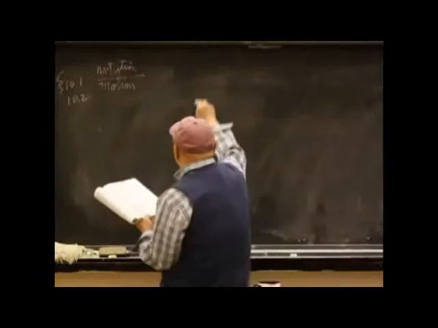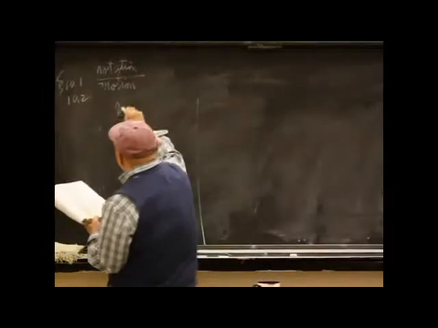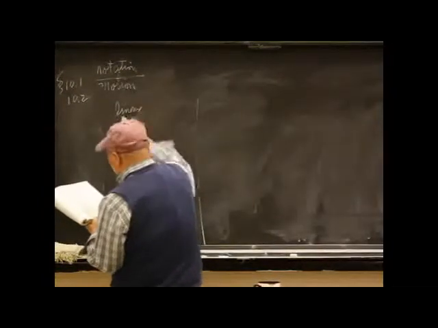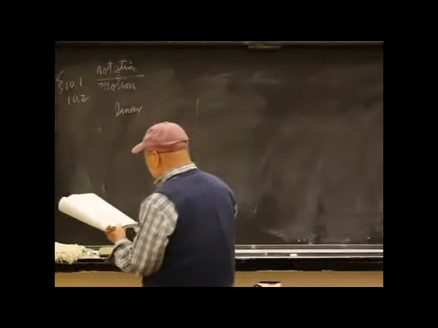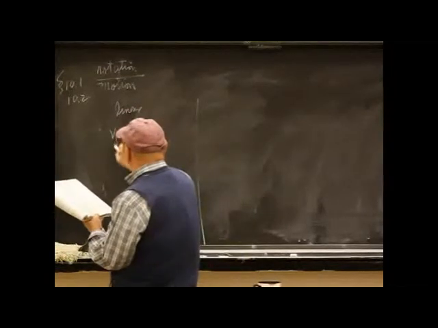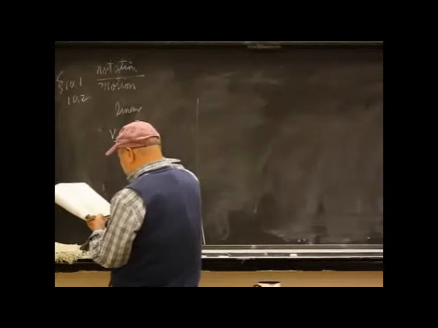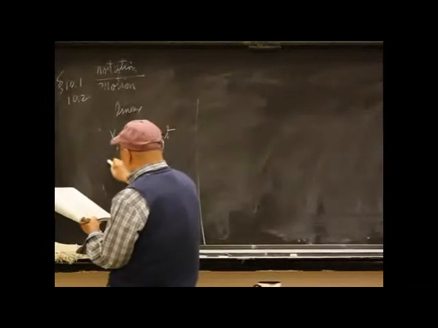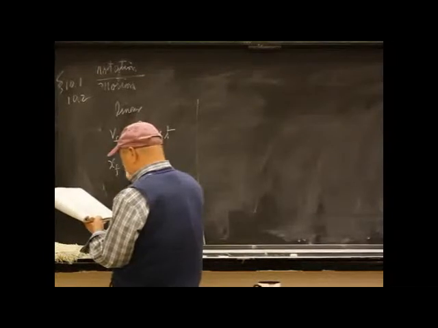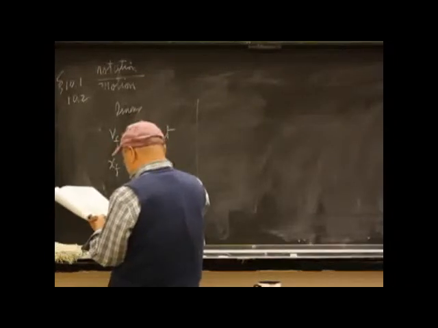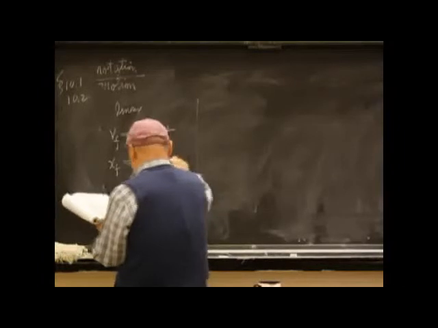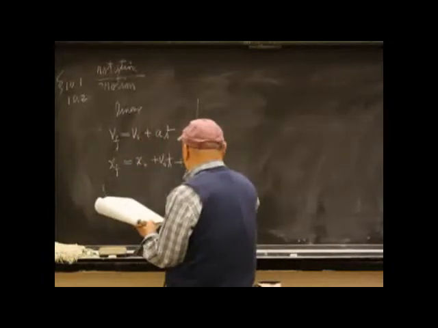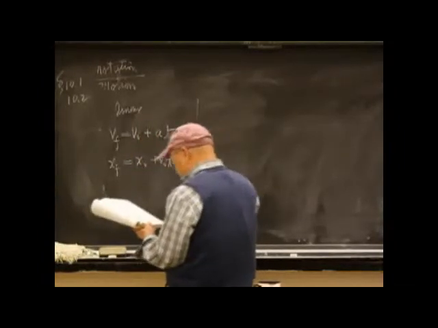For linear motion, we have four equations. The linear velocity is v sub f equals v sub i plus at. And x sub f equals x sub i plus v sub i times t plus 1/2 at squared.